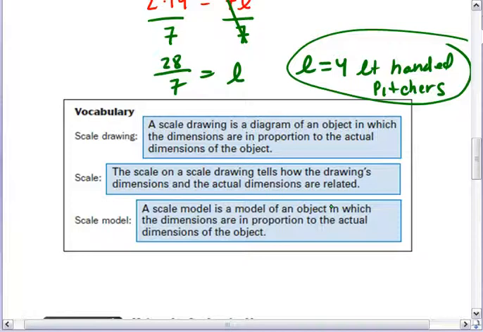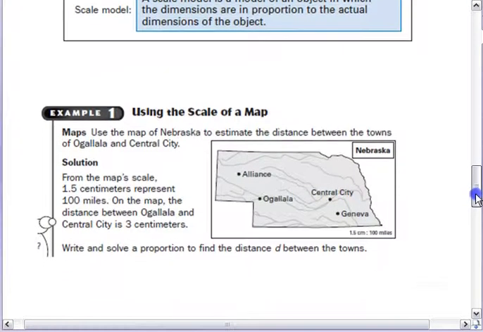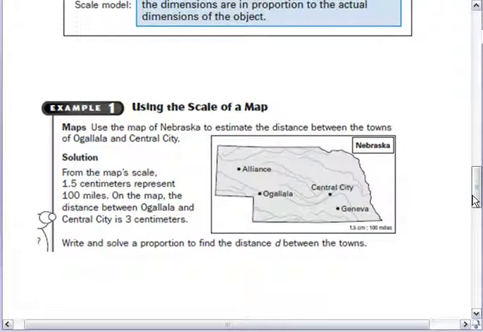A scale model is an actual model. So sometimes you might see a scale model of a building. Architects use these. And it's the actual dimensions of the actual building. So let's look here at an example. It says, use the map of Nebraska to estimate the distance between the towns of Ogallala and Central City.